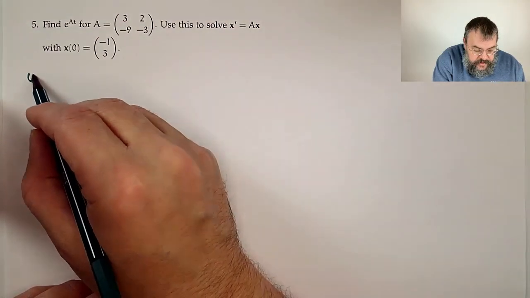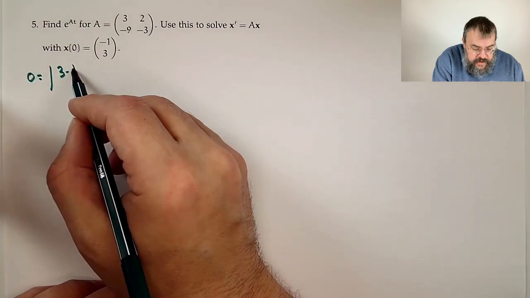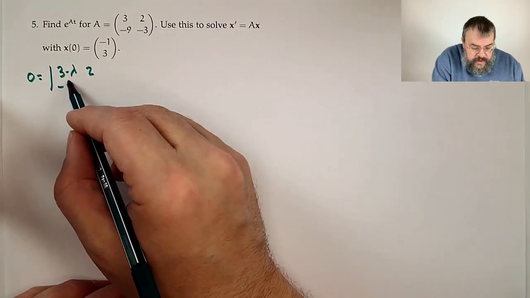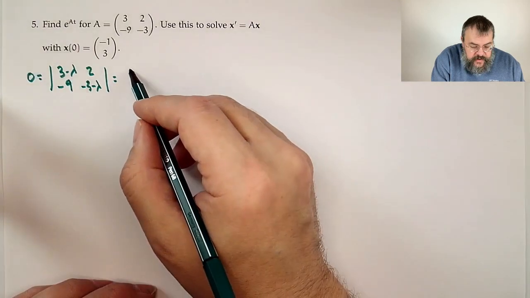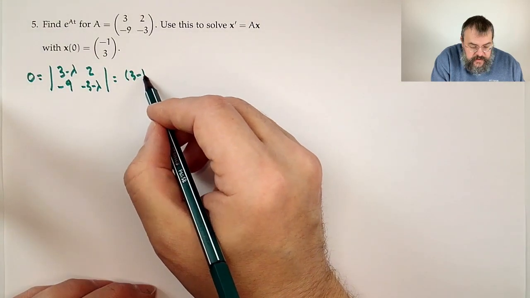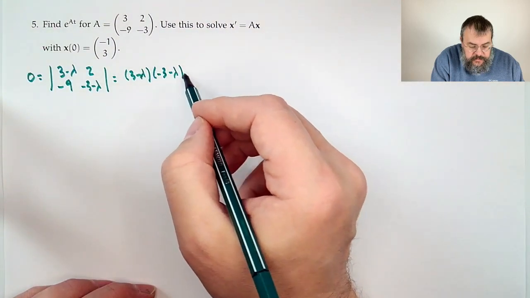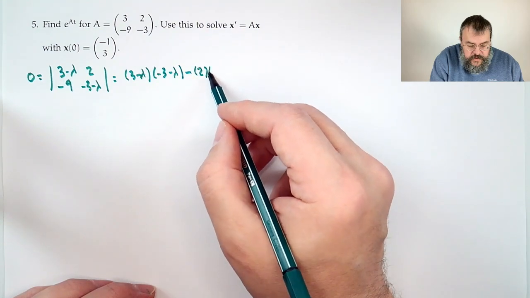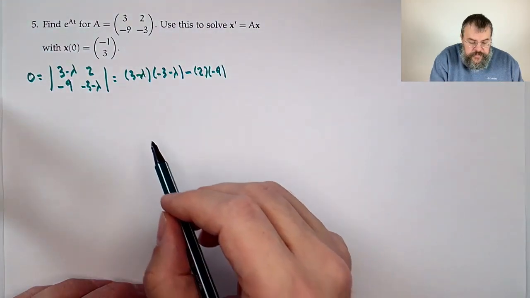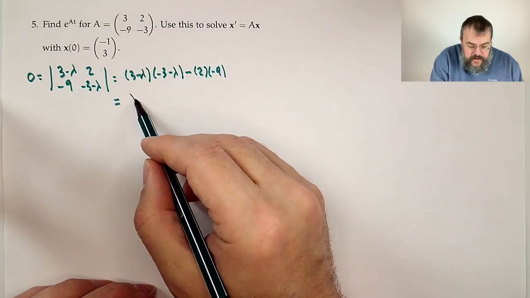So we're going to set 0 equals the determinant of 3 minus lambda, 2, minus 9, minus 3 minus lambda. So that's 3 minus lambda times minus 3 minus lambda, and subtract 2 times negative 9. Well, that's lambda squared.